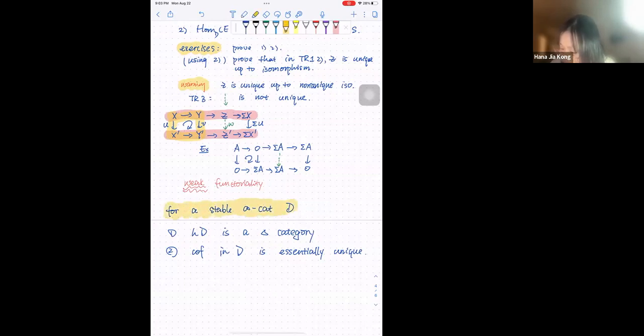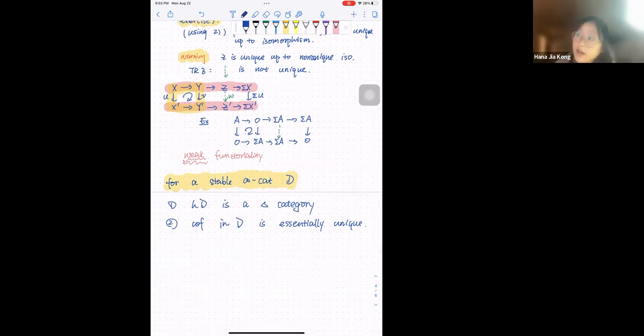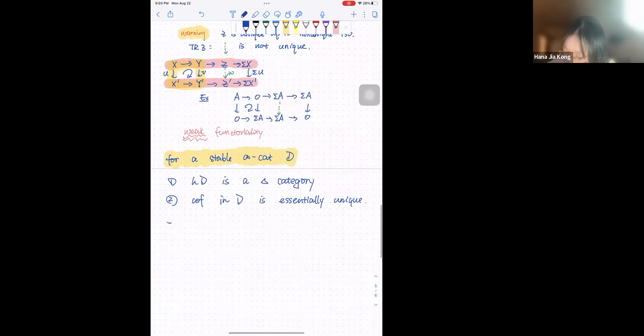So that is about the derived category and triangulated category in the classical setting. And we also have the derived category defined in the higher categorical setting. So the second part: derived categories in the higher categorical setting.